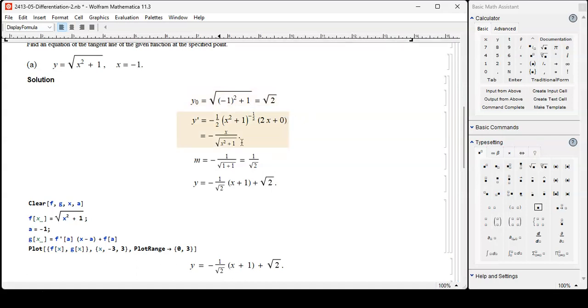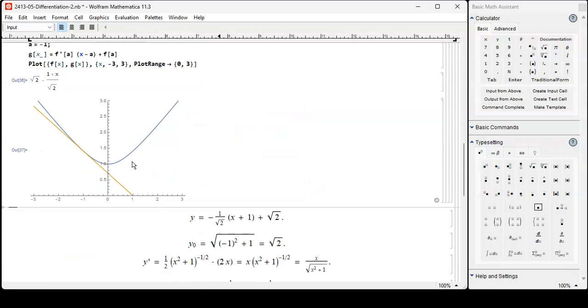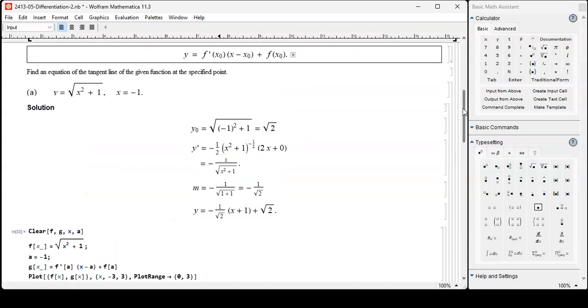Derivative computation and some simplification, and then plug in, and we get, it should be negative. Sorry about the typo. Down here, I did it right. Yes, here's a visualization, and indeed, I have a tangent line. It's easy to see. By the way, I did this simplification so that I can plug in and do the computation through mental math. If you don't want to, you can just plug in x equals -1 and run your calculator.